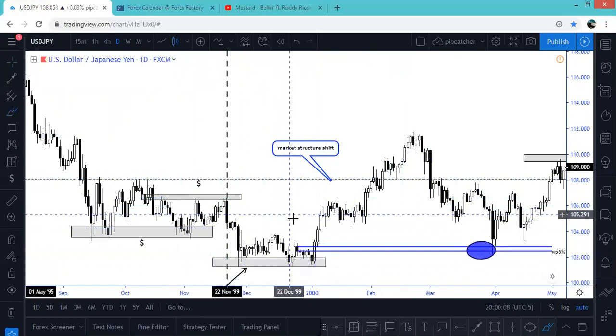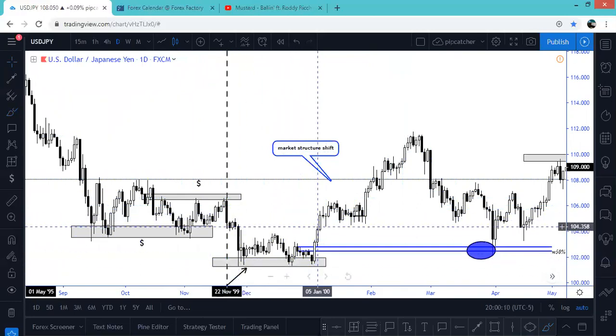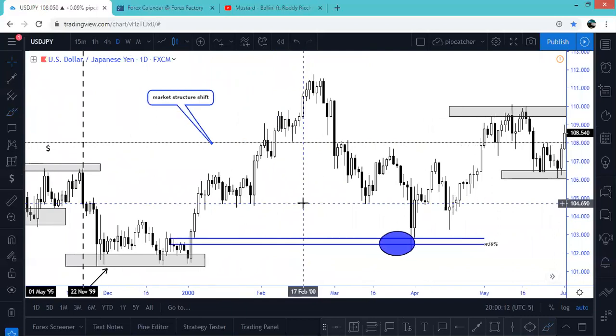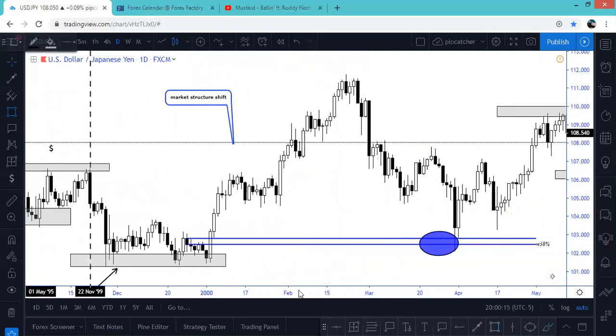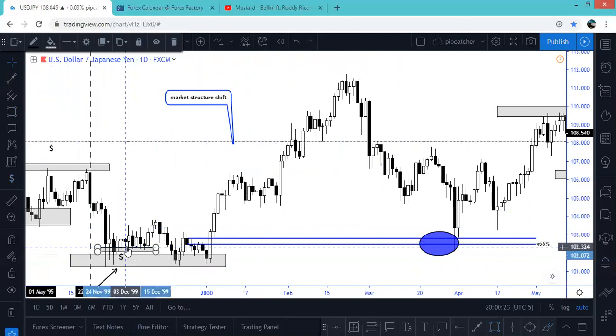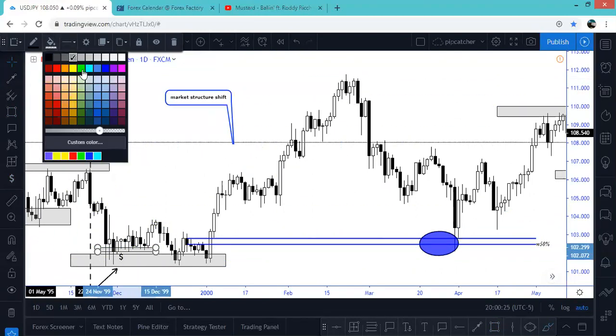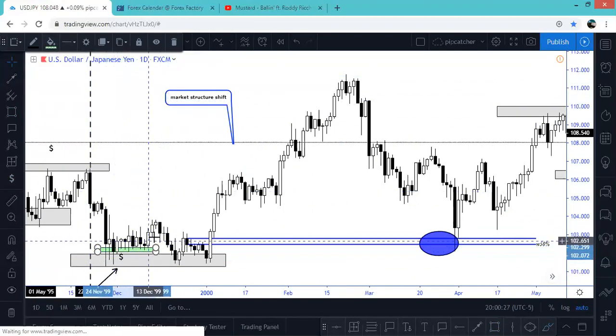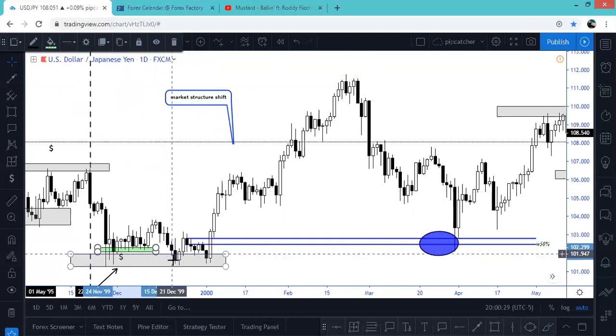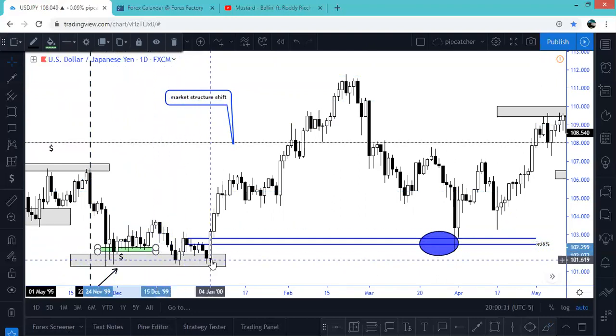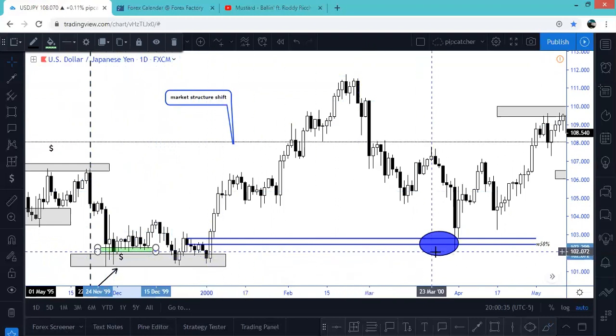So if we examine this very closely, we get these equal lows right here. I'll make this box green so we can actually see it. These equal lows right here, they got ran through, right? They got ran through, equal highs got made, and then an engulfing candle.